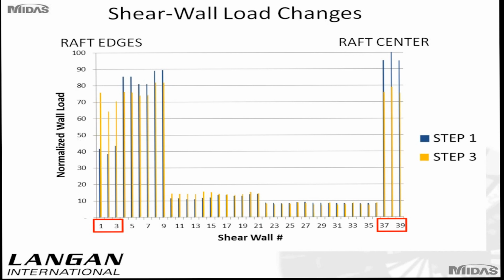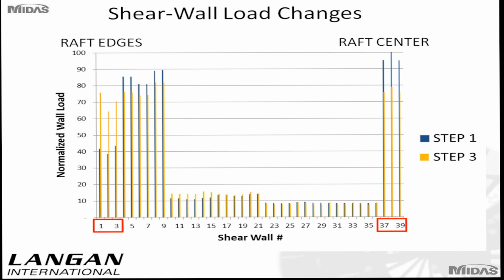This is a chart where we can see the shear-wall load changes during this iteration process. These are loads that are provided by the structural engineer, and we can see at the raft center how at the beginning we had some high loads, and at the edges we had some smaller loads.